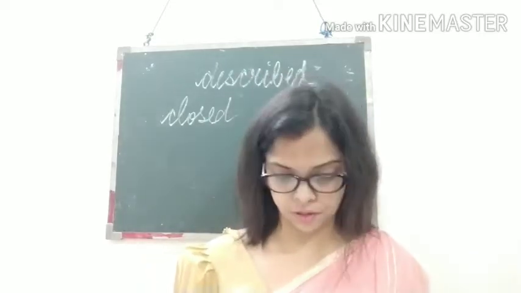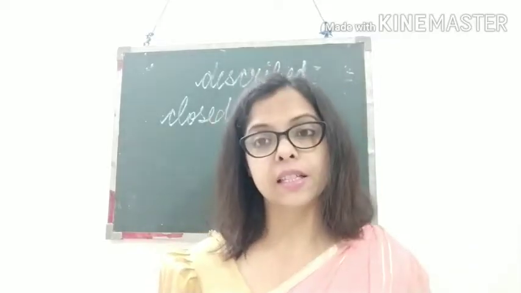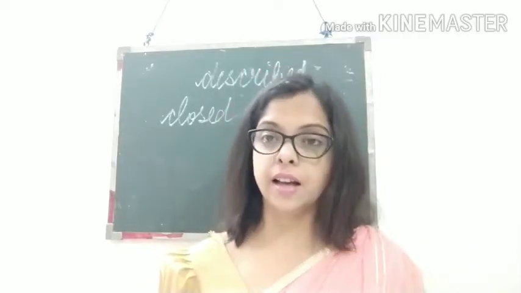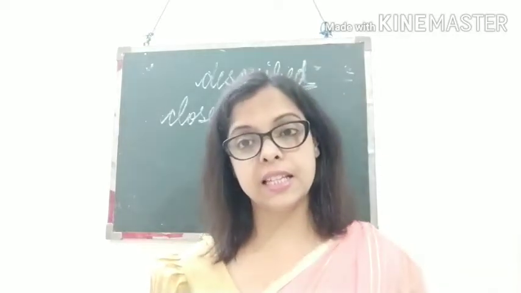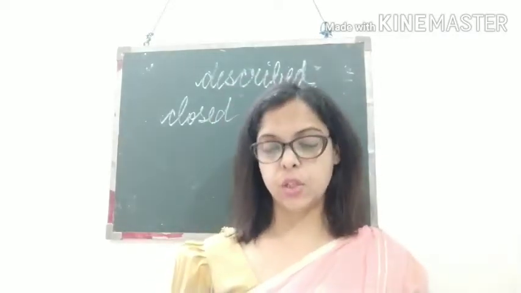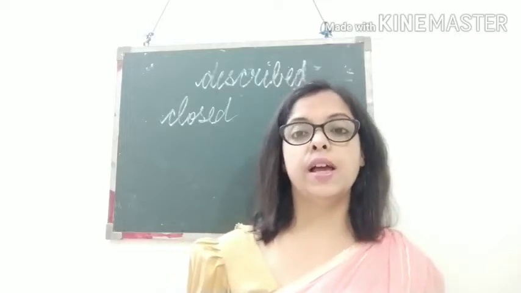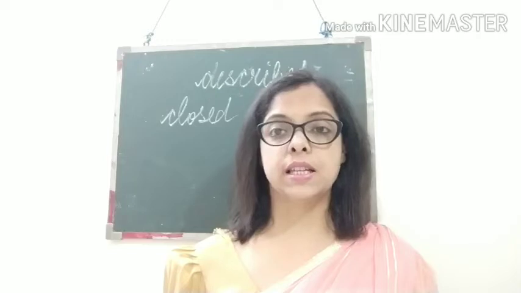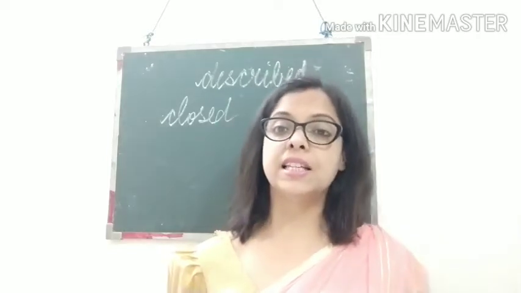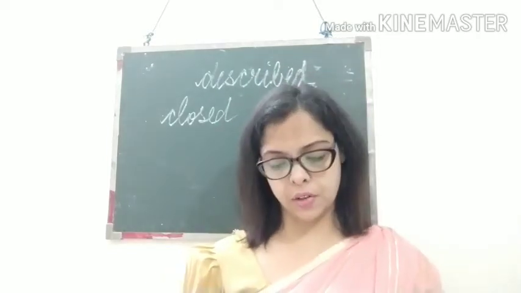S-A-V-E-D. Saved. Dance, danced. D-A-N-C-E-D. Danced. Grace, graced. G-R-A-C-E-D. Graced. Use, used. U-S-E-D. Used. Okay, so this way we'll make the past tense of these words by simply adding D to the last letter.